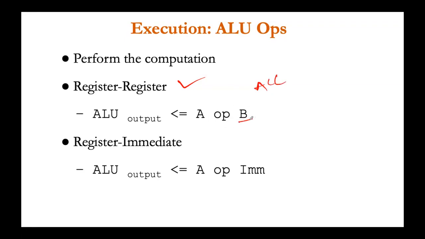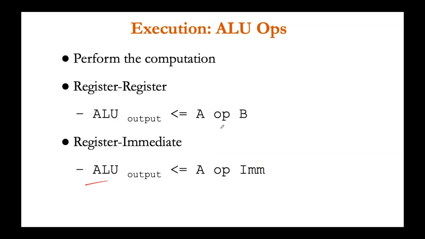One operand comes from the accumulator, another from a register, and it performs the operation, and the output is stored in the accumulator itself. If it follows register to immediate, then one operand comes from the accumulator and one directly as a value, and the result is stored in the same way.